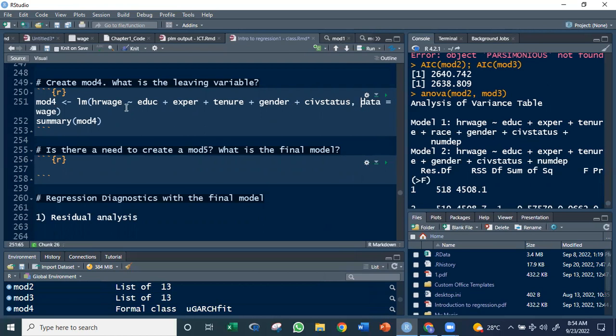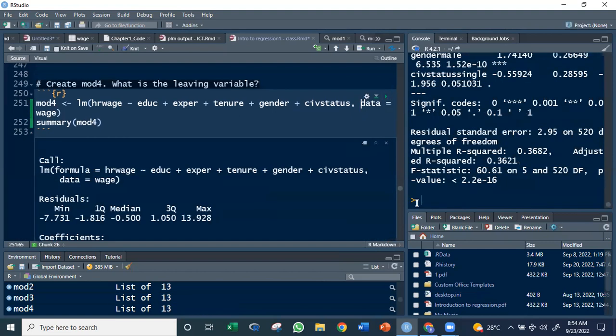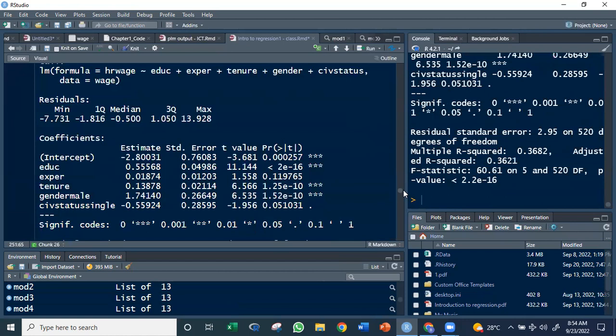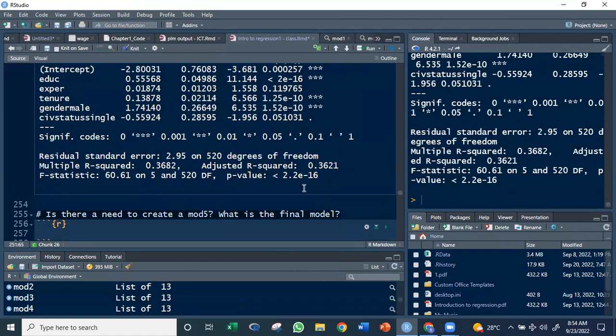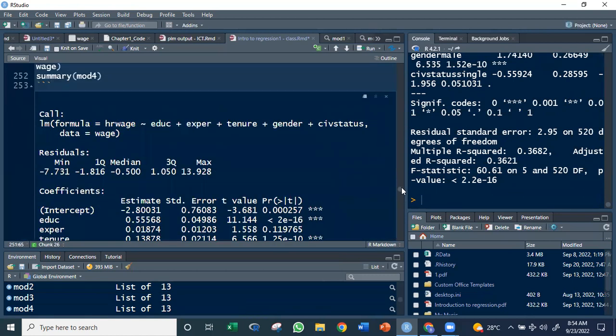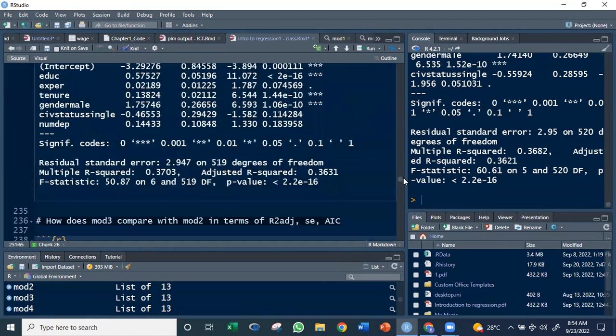Okay, LM, hourly wage. Now we have 1, 2, 3, 4, 5. Lilima na lang yung predictors natin. We started with 7. Okay, we're now down to 5. Let's see. Run natin to. Okay. All right. And adjusted R squared, tumaas ba? 36.31 dito kanina. Okay. Interesting, no?